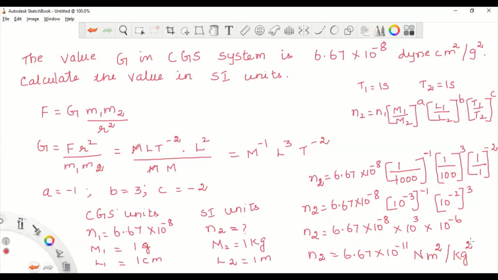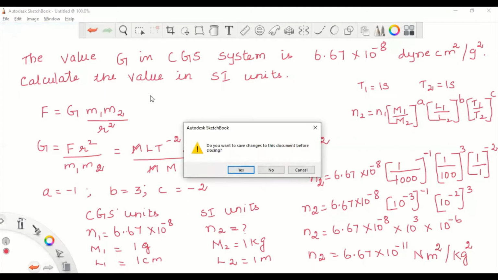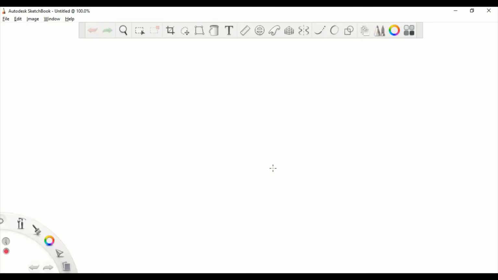Okay. Now, let us do the second application. The second application of dimensional analysis is we are going to check the correctness of a given physical relation. So, let us take a very, very simple formula which is very familiar to you.